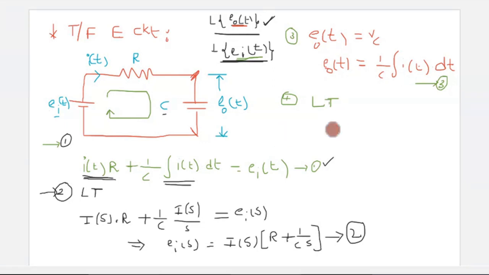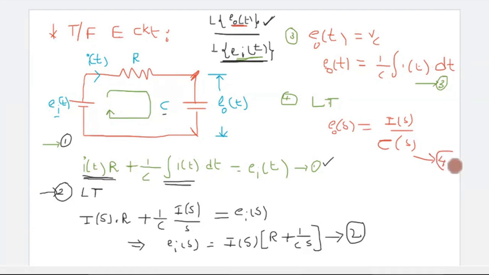E naught of s. Similarly, what's the Laplace transform of the integration? I of s by Cs. Consider this as equation number 4.